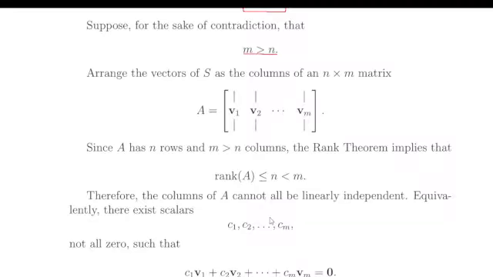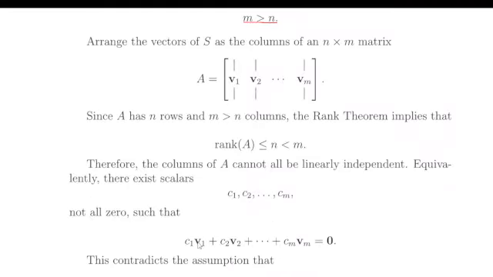So looking at this equation right here, set equal to 0, it has a free variable. A free variable means that there's a solution other than x equals 0, or in this case, the constants will not all be 0.